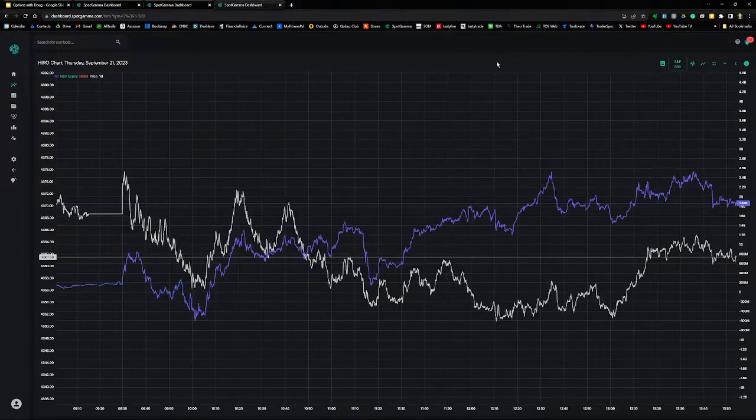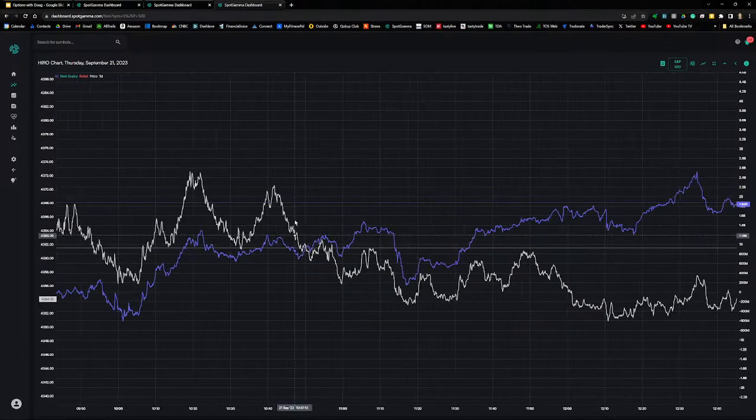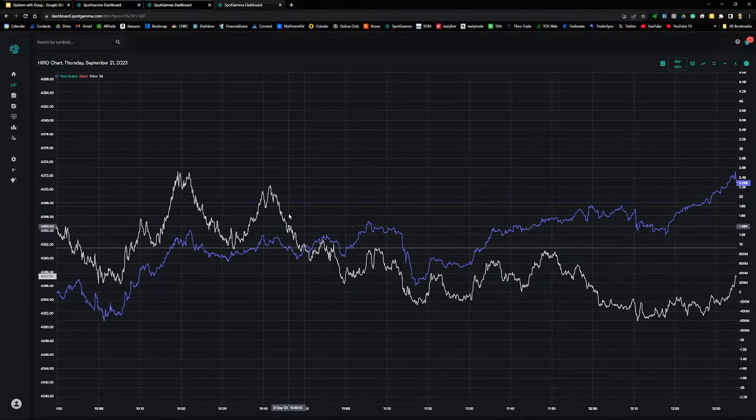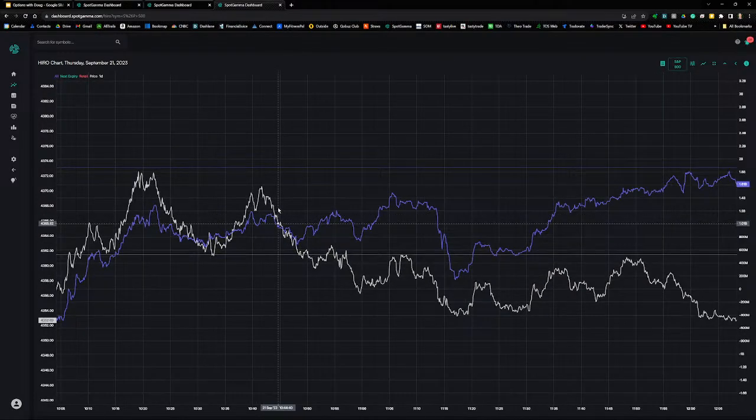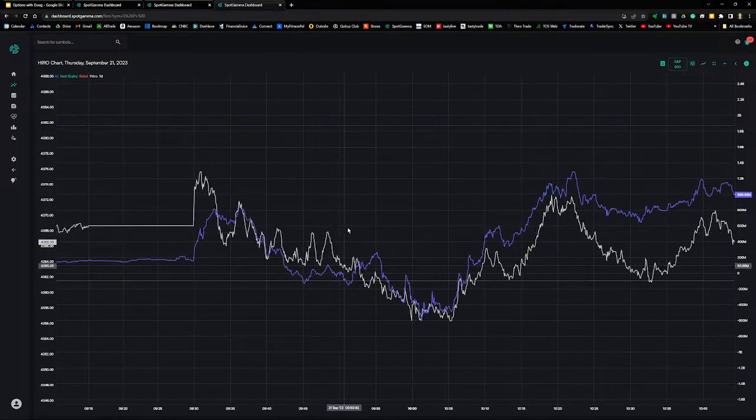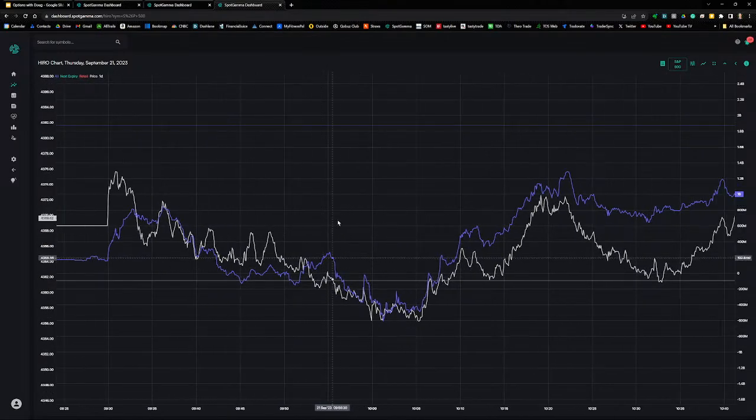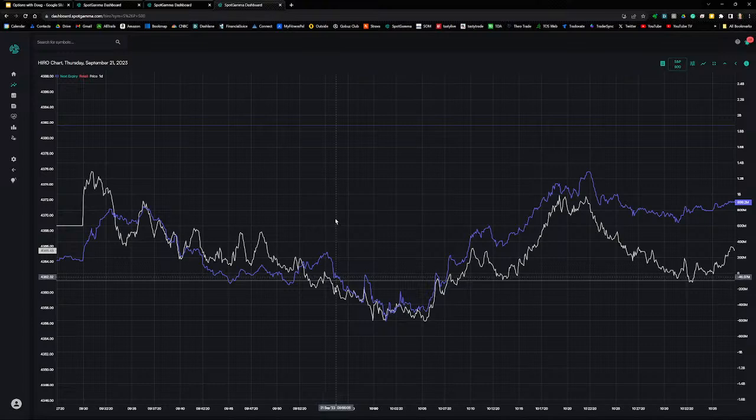All right, let's zoom in on this chart. We'll take a look at a couple setups from this morning. I'm going to zoom in again just for setup review. So what I'm showing is the first hour of trade after the cash open.